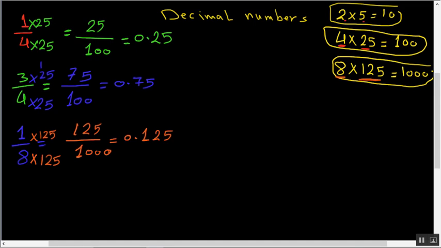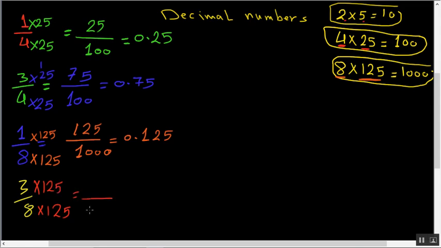After that, he said 3 over 8. For 3 over 8, we look at the denominator. Here 8 times 125, and also up times 125.